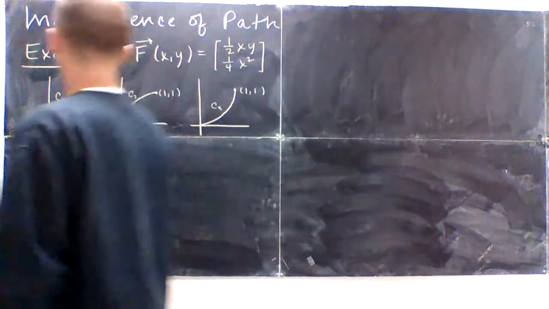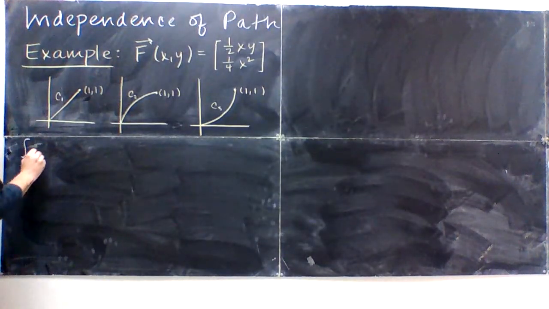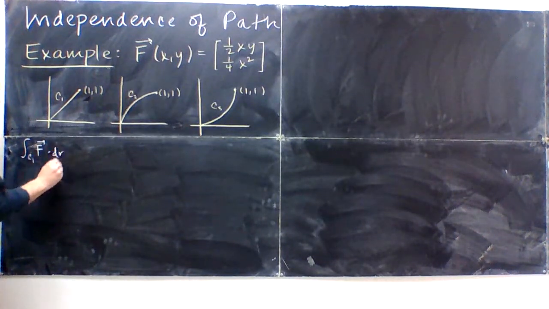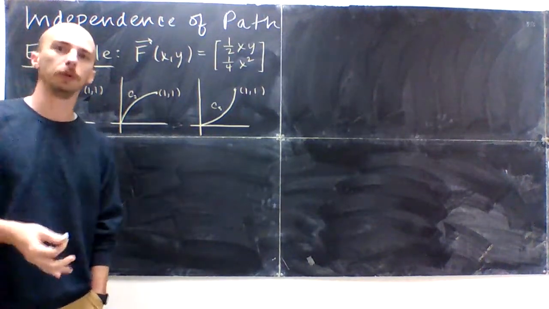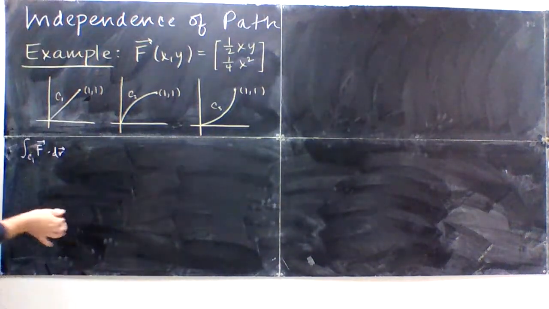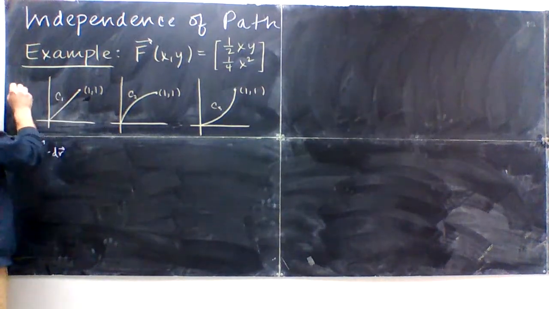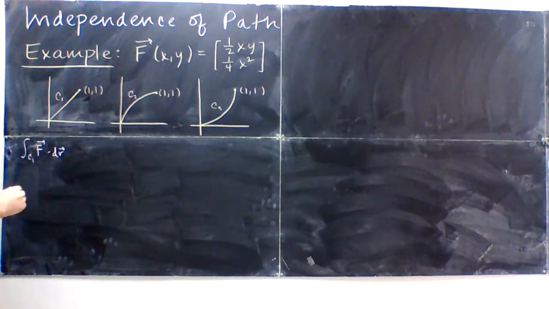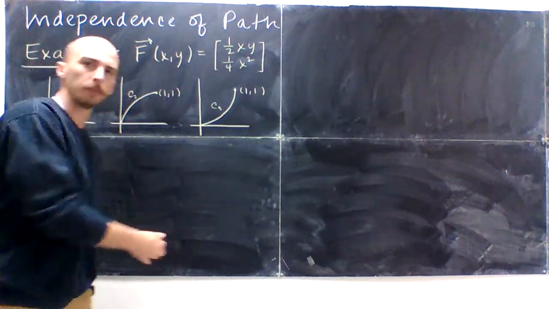of F·dr over C1. For C1, I'm going to need to parameterize this. I'm going to use x equals t, y equals t, t runs from 0 to 1. Okay. I don't know that I'm going to have quite enough room, so I think I'll just do each of them and then erase.